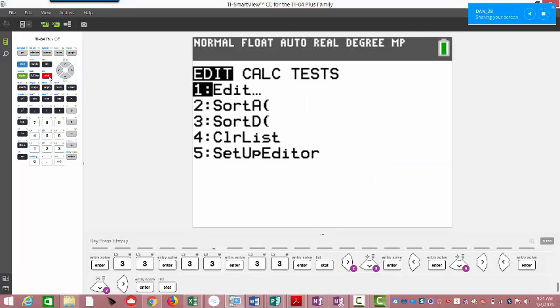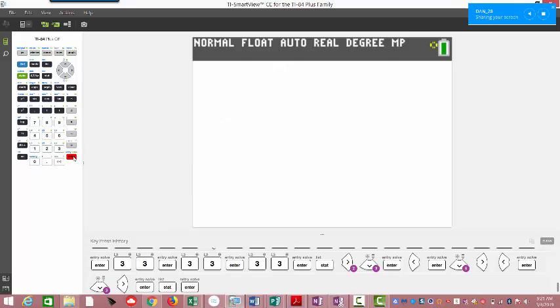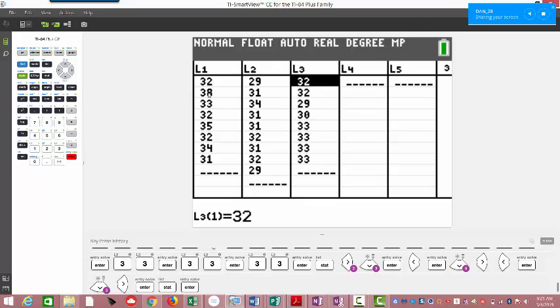So if I look at my lists, I have 1, 2, 3, 4, 5, 6, 7, 8, and 9. So 7 plus 8, I have 15 degrees of freedom.